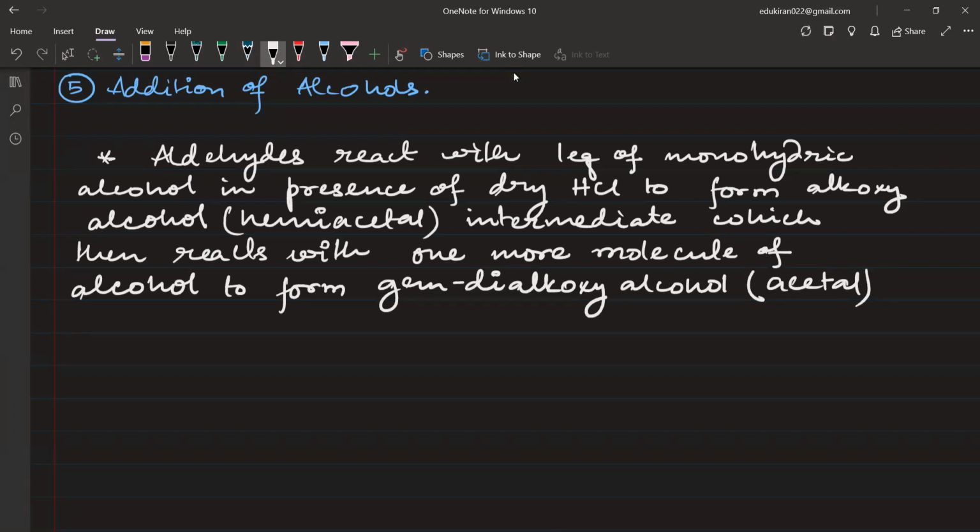So please see what is happening here. We have aldehyde, we have R, C double bond O, and you have H. It reacts with R dash OH, 1 equivalent. That means for each mole of aldehyde, there is 1 mole of alcohol. This happens in the presence of dry HCl.